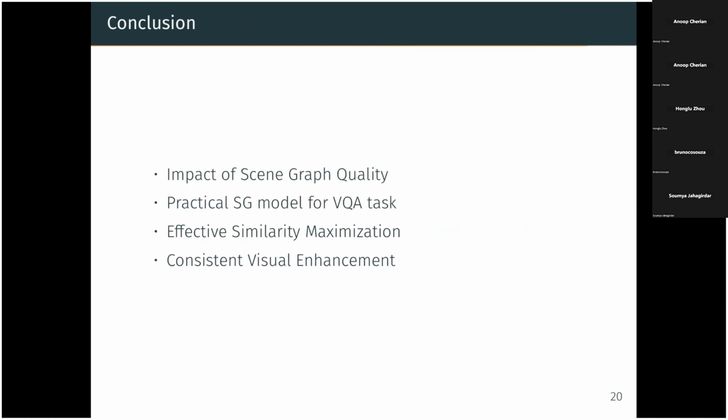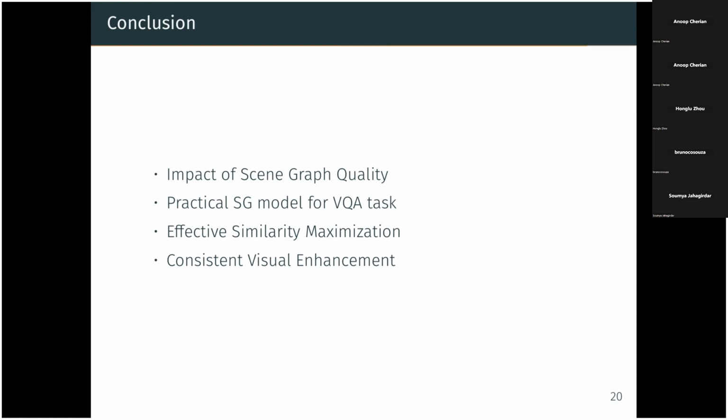So as a conclusion, we showed the impact of scene graph quality. The ideal one gets great performance, but when it is non-ideal, in a practical way, you still have room to improve. So we tried a more practical framework where we use a scene graph generator along with self-supervised learning, similarity maximization.